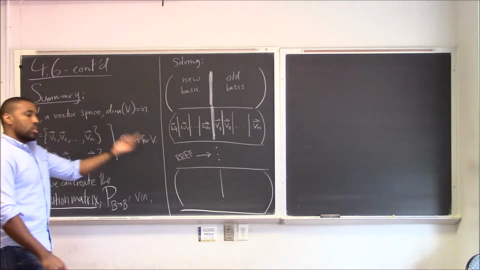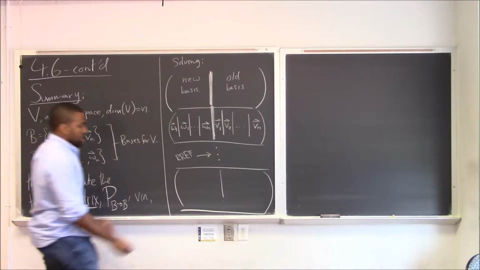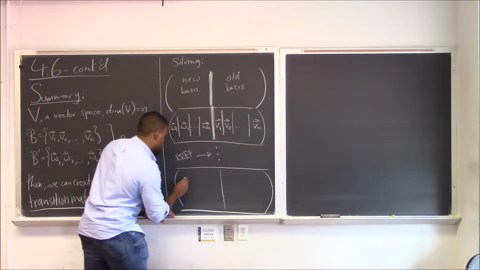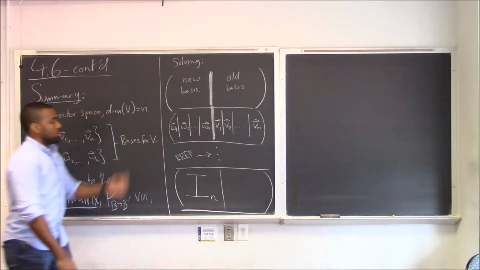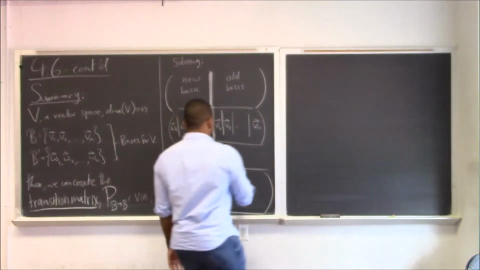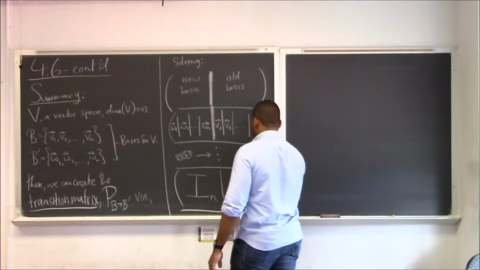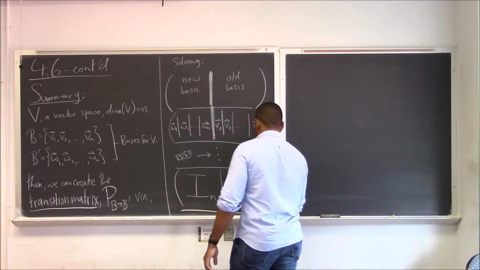because this is a basis, all vectors are linearly independent, they will reduce to the identity. So you'll end up with In here, because it's an n-dimensional vector space. And on this side, you'll end up with the transition matrix, P from B to B prime.